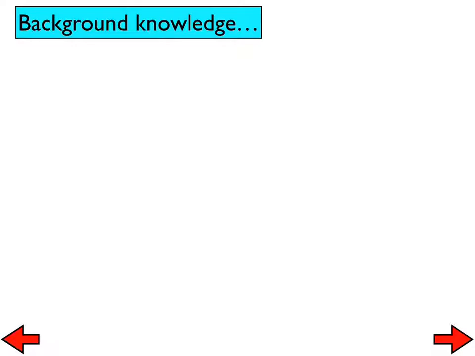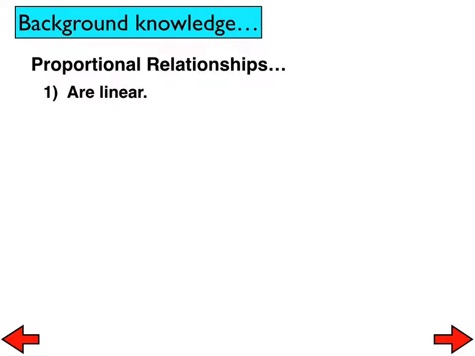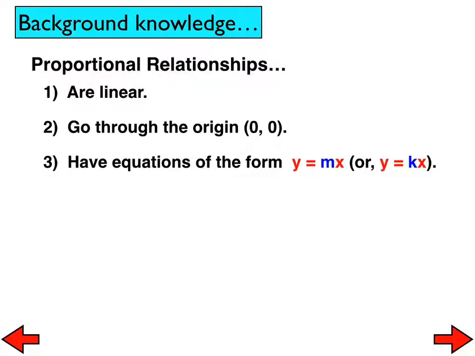So I want to make sure that I make the idea of a proportional relationship very, very clear. All right, so proportional relationships. First of all, they are linear. They go through the origin. They have equations that look like y equals kx or y equals mx. M and k are just both referring to the slope.